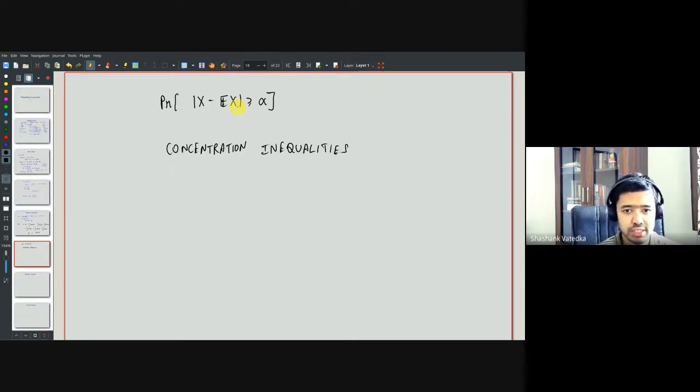But if you look at sequences of random variables, for example, I'm tossing a coin 100 times, or I'm generating 100 Gaussian random variables, and I want to know how far the average of these random variables is from the true mean, it turns out that this probability is very high. So these random variables concentrate very tightly around the mean, and we can get very good upper bounds on these probabilities using such concentration inequalities.